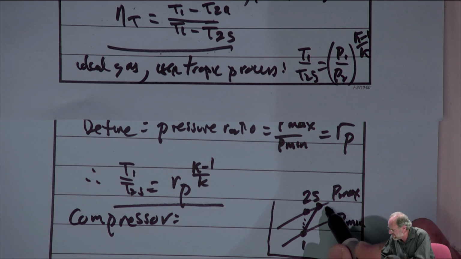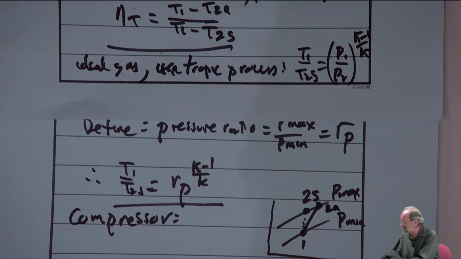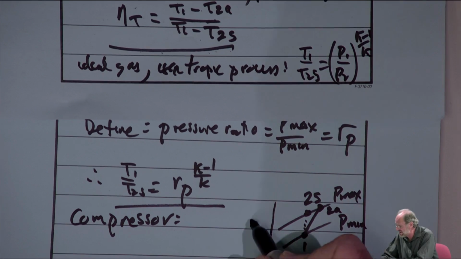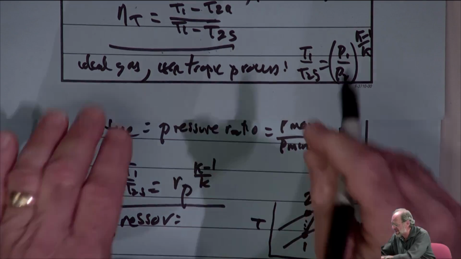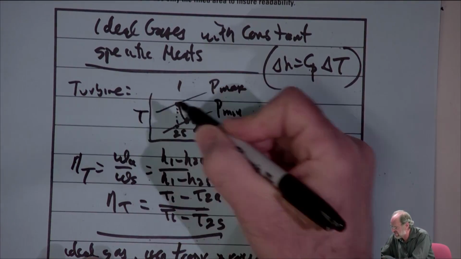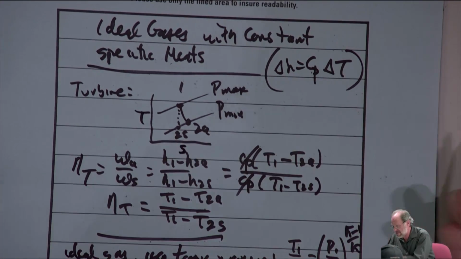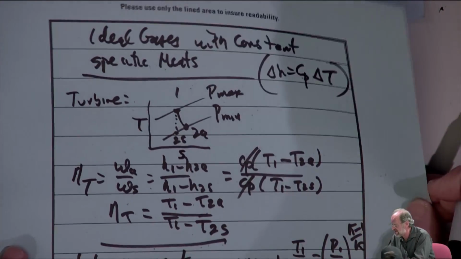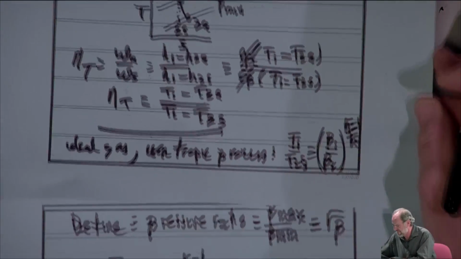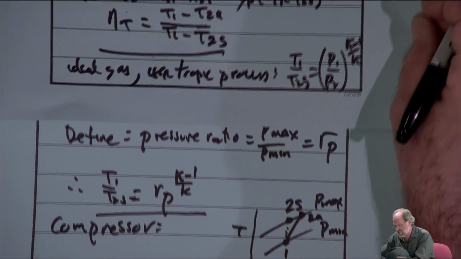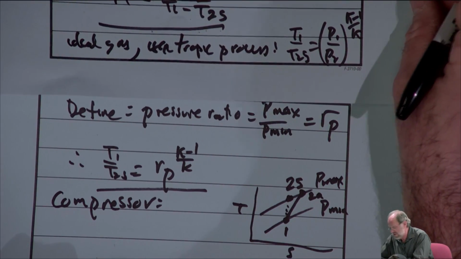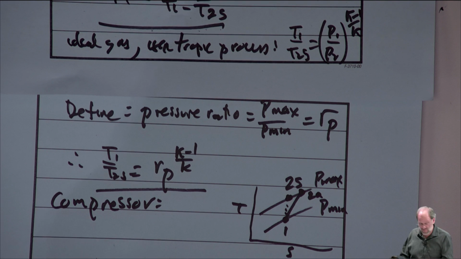We're actually going to leave at a higher entropy. Oh yeah, this is a TS diagram. In fact, this diagram up here was a TS diagram, but I forgot to put my T and my S, so that's not appropriate. You can't have a diagram with no axes on it. Well, you could, it just wouldn't be right. So here we have our compressor diagram.